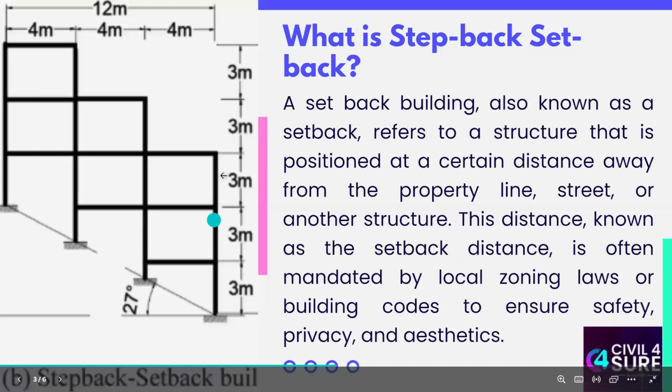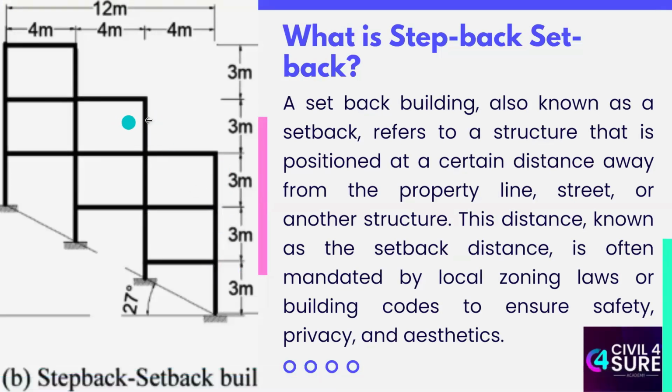You can see here three stories, and then the other three stories are set back by a 4-meter distance from the main facade line. A setback building is one in which the structure is positioned at a certain distance away from the property line, street, or another structure. This is the most common form of a step back building.